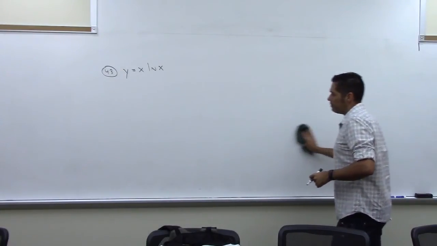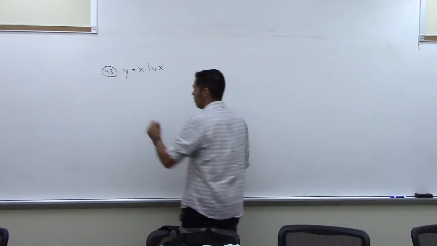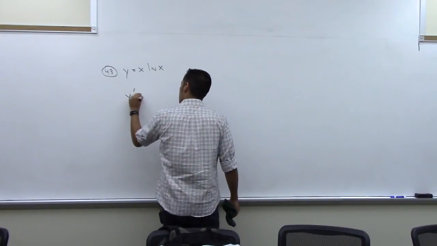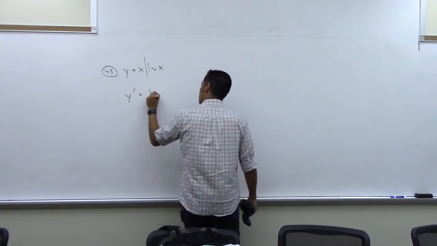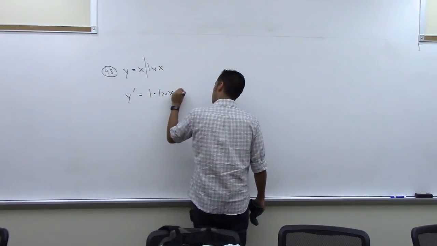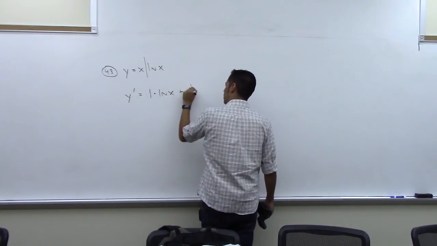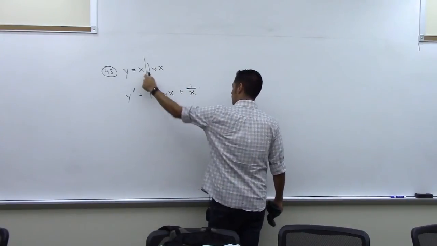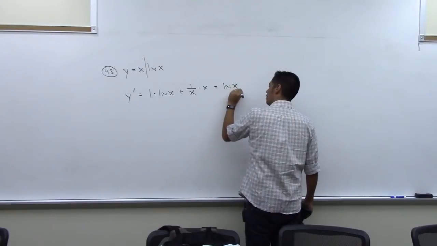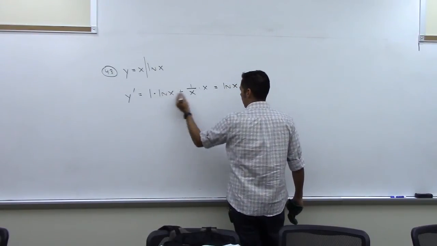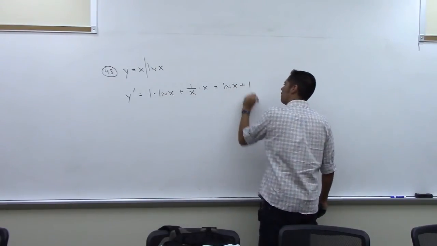So we have to take the derivative twice. So the first derivative, we have a product rule right there. So the derivative of the first one times the second plus the derivative of natural log of x, which is 1 over x, times the first one. This is just natural log x. That's natural log x plus, this is just 1.